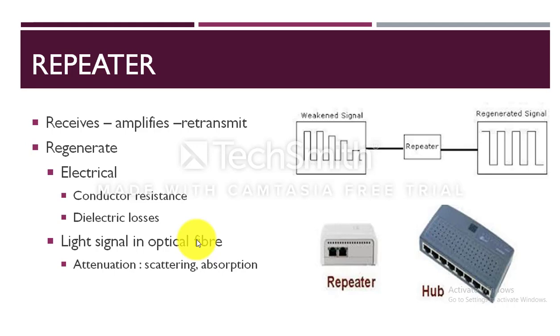An electrical signal in a cable gets weaker with the distance it travels due to energy dissipated in conductor resistance and dielectric losses. Similarly, a light signal traveling through an optical fiber suffers attenuation due to scattering and absorption.